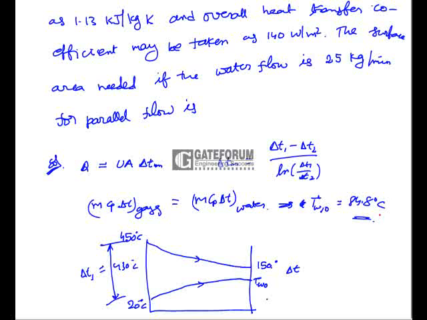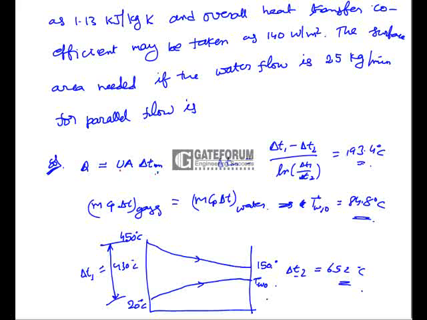So ΔT2 is equal to 65.2 degrees centigrade. Now by using ΔT2 and ΔT1 we can calculate the logarithmic mean temperature difference, which is equal to 193.4 degrees centigrade.